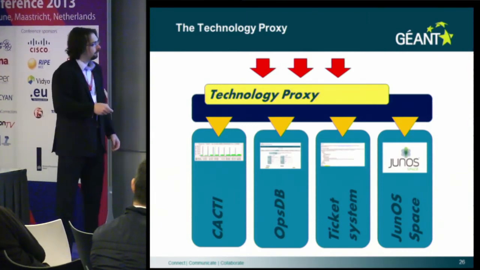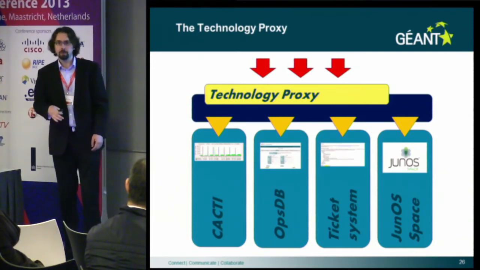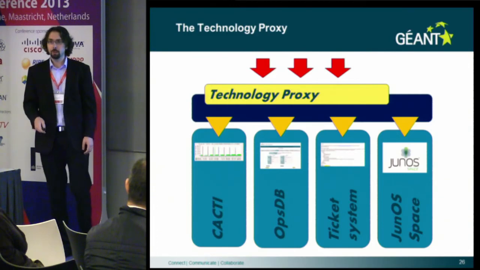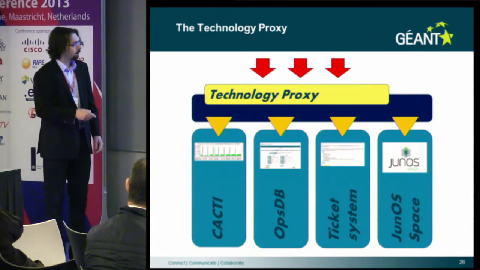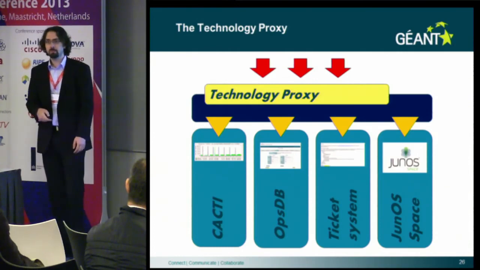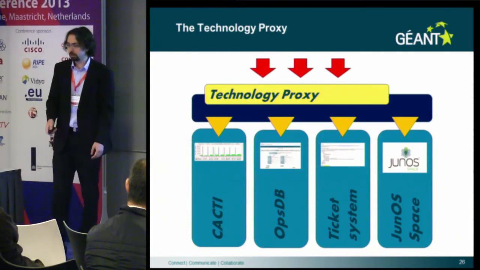And finally, you have the ticket system here, because I've been talking for about 3 minutes about the ideal world where everything works fine. But what if we try to provision the circuit and it's already used, the VLAN is already being used, or I lost connectivity between the technology proxy and Genospace, who knows?